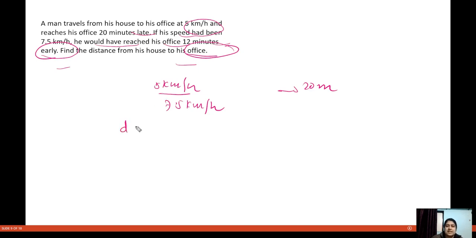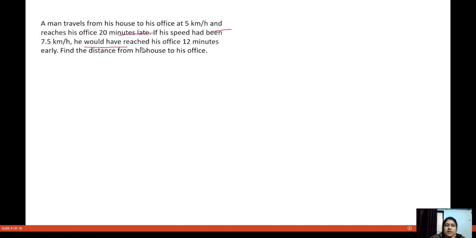So here distance is equals to constant, so we get our ratio s1 by s2. You have speed s1 by s2 is 5 by 7.5, that is 5 kilometer per hour and 7.5 kilometer per hour.